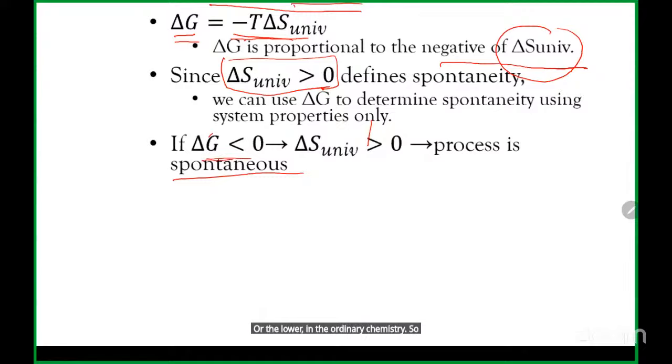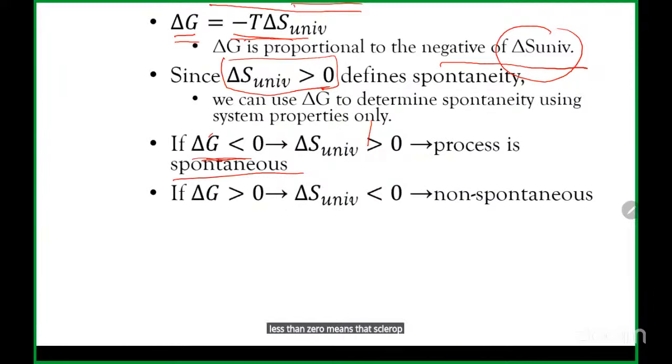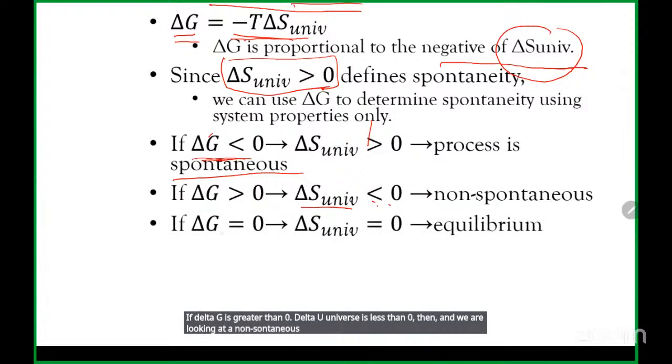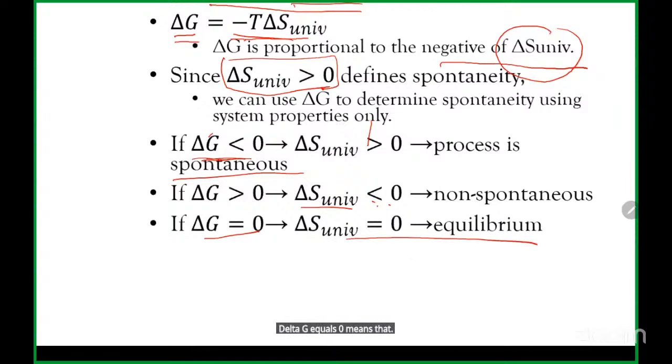If delta G is greater than 0, delta S universe is less than 0, then we are looking at a non-spontaneous process. Delta G equals 0 means that we are looking at a process in equilibrium.